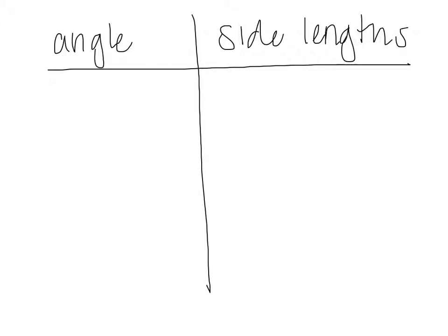So the first thing is that every triangle is either acute, obtuse, or right.